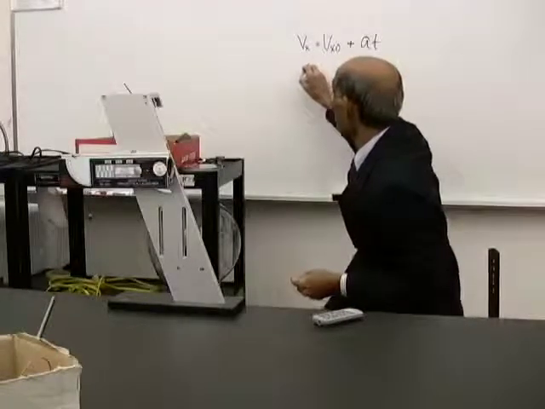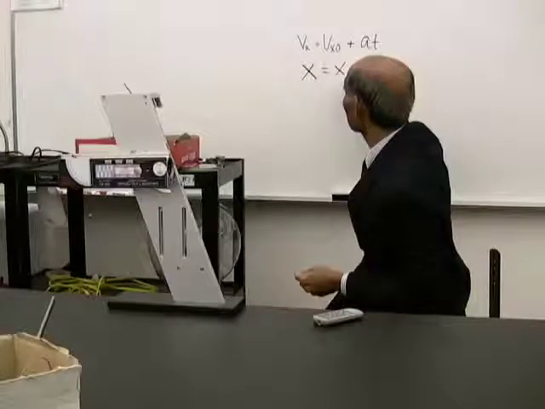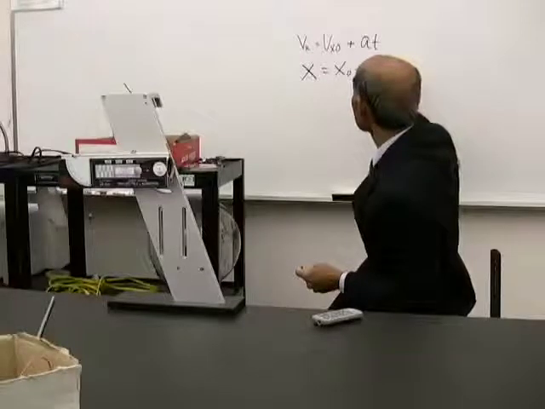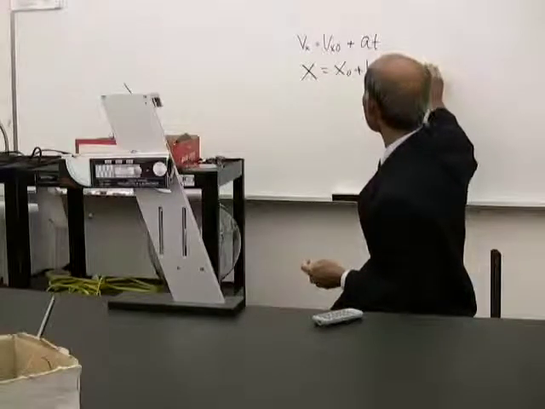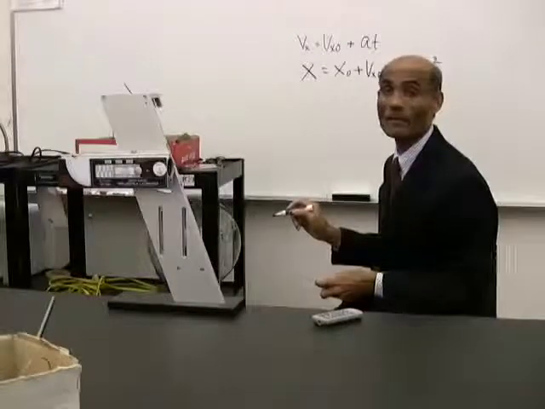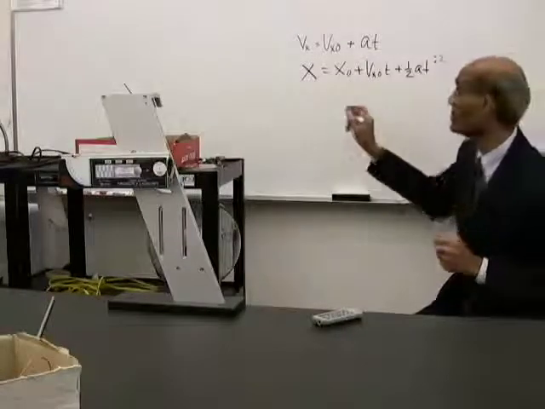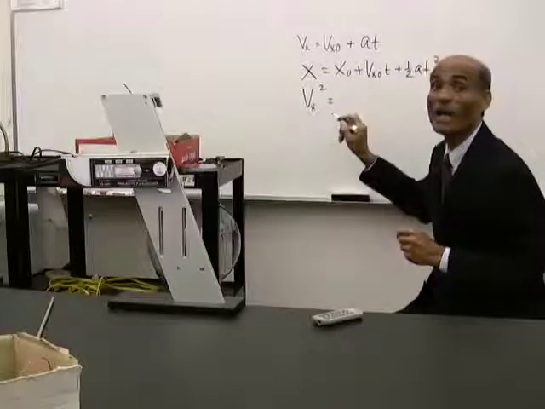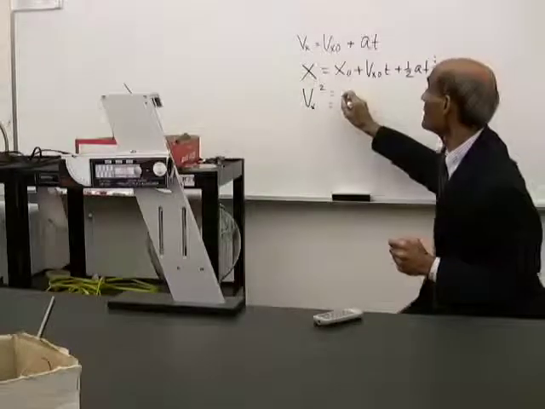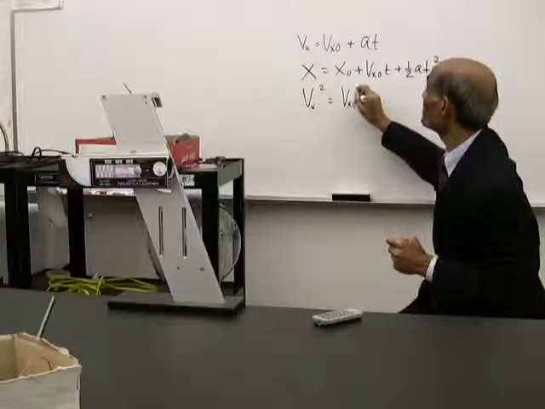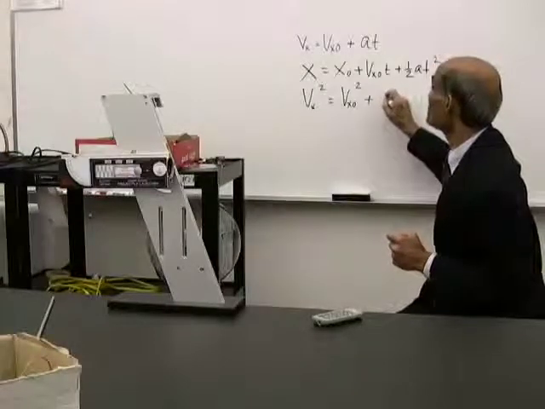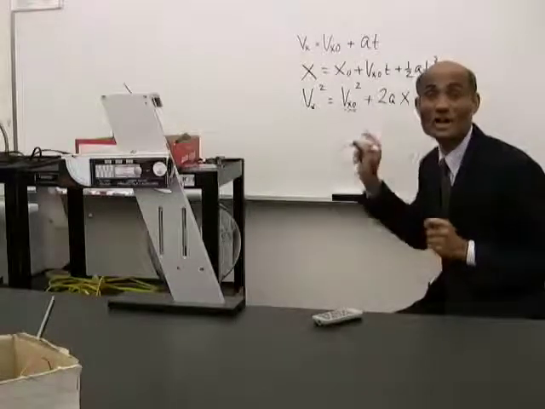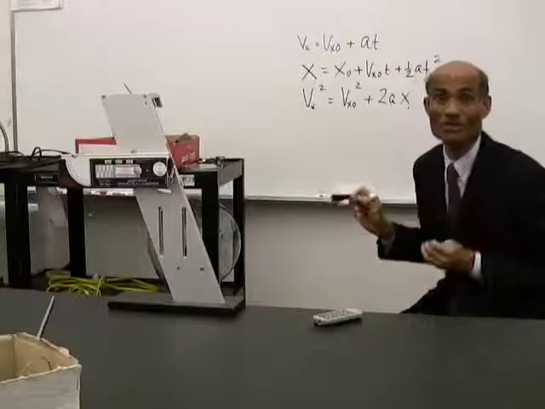The displacement x equals x0 plus Vx0 t plus 1/2 at squared. That is the displacement equation. And Vx squared, the final x velocity squared, is Vx0 squared plus 2ax. Well, these are the equations adapted for x motion.